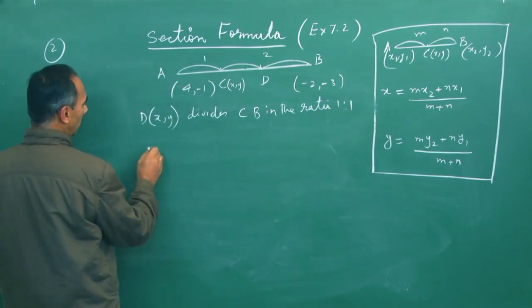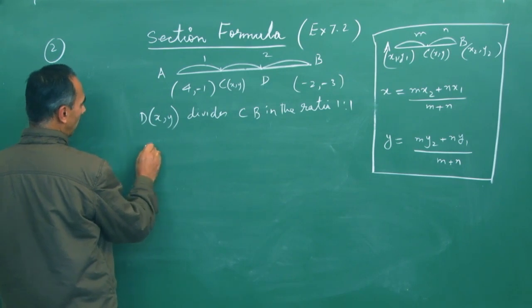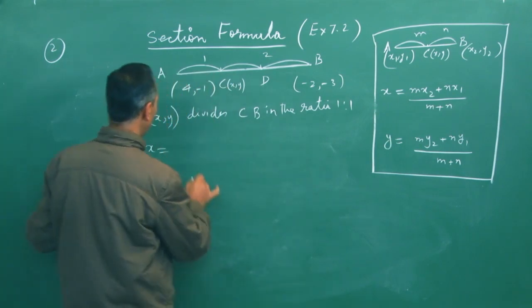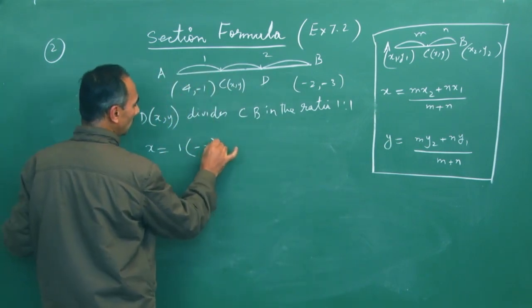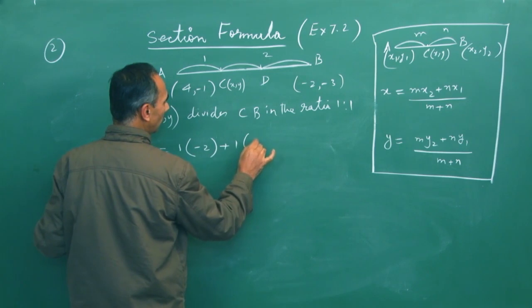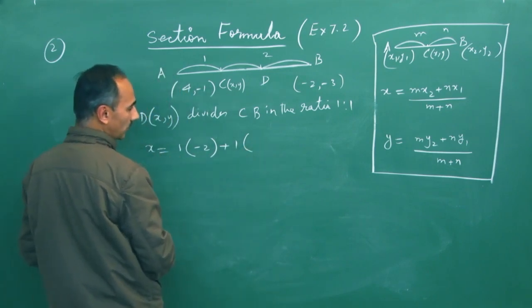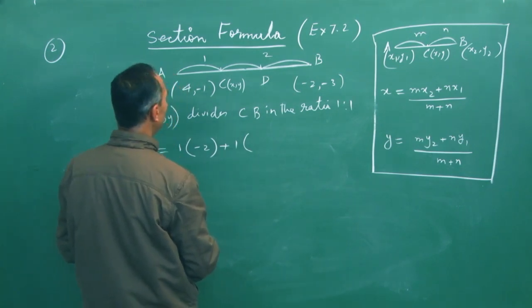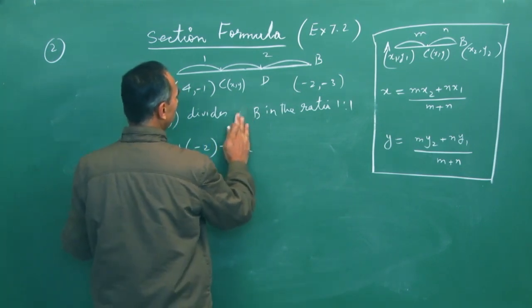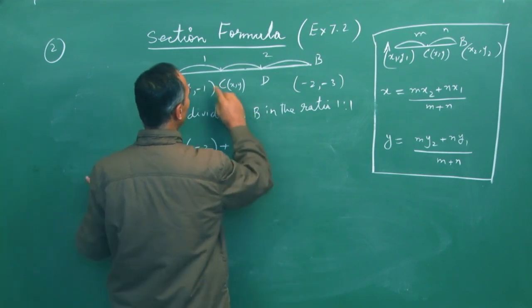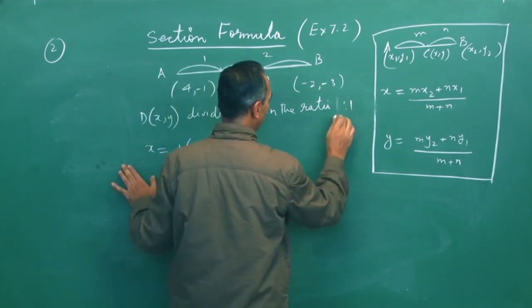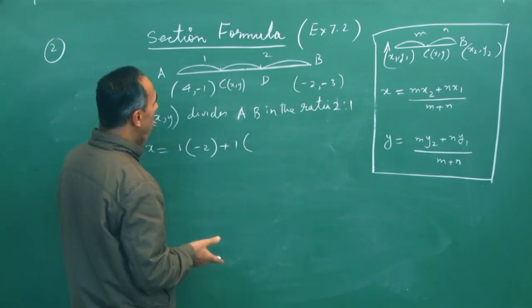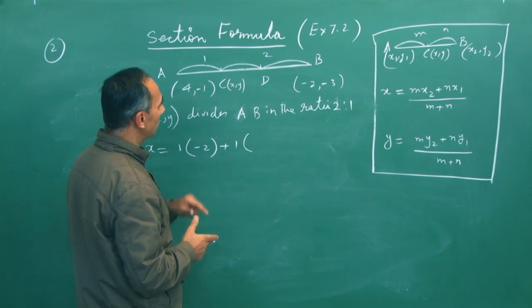Now x will be, when you apply the same formula, m into x2 plus n into x1. We forgot the coordinates of C. Where were the coordinates of C? We forgot that. Okay, let's take D divides AB. D divides AB in the ratio 2:1. We'll take that. I missed out the coordinates of C.